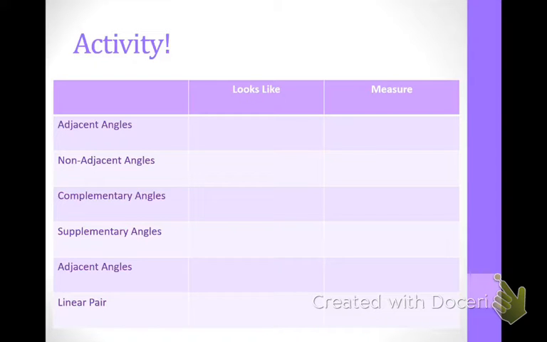Look at that. Adjacent angles. They look like they share a wall. So you want to write down: they look like they share a wall. The measure is not applicable, meaning there is really no relationship. They don't add up to 180, they don't add up to 90, they don't equal each other. Adjacent angles share a wall.